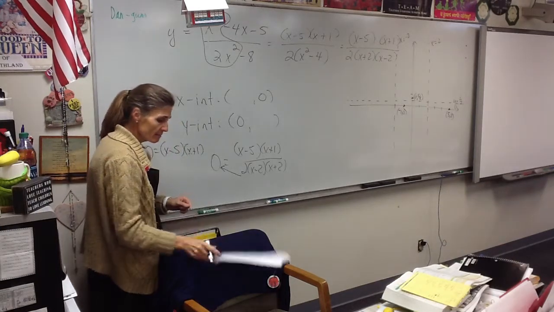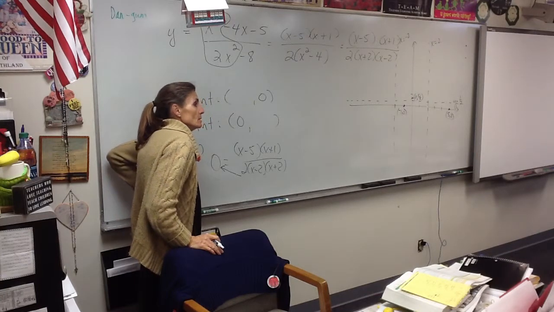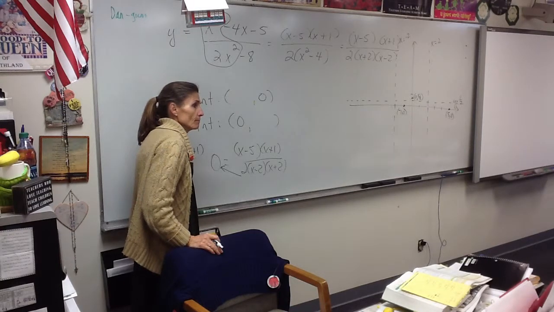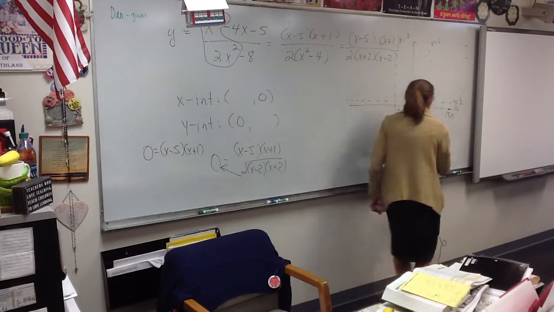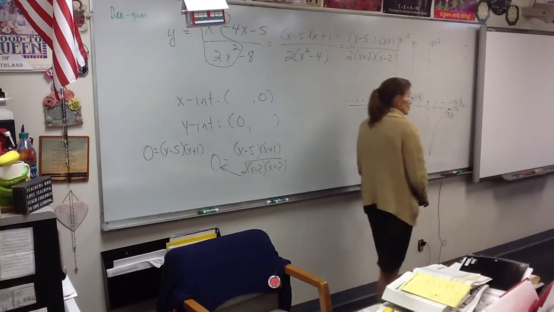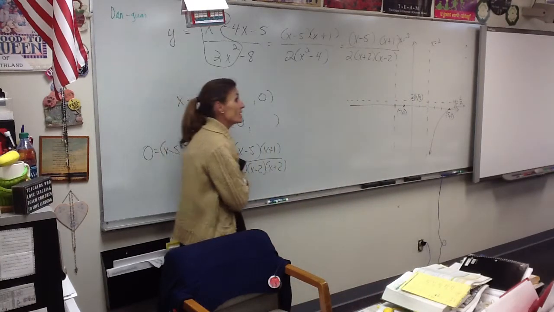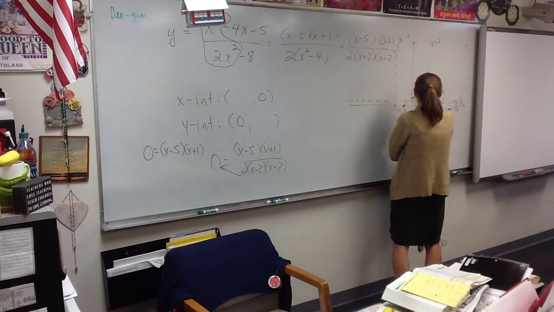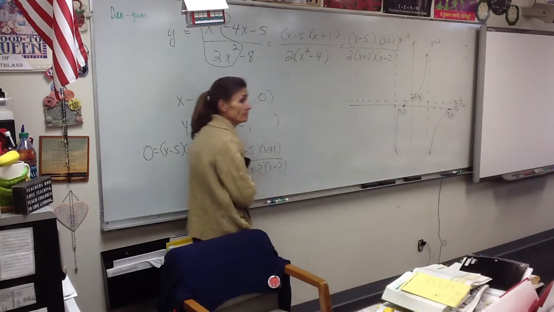Does anybody have any idea what it's going to look like? Warren is saying, I think this side looks like this. And she's right. It's a cubic in the middle. Very good. That's the shape in the middle.